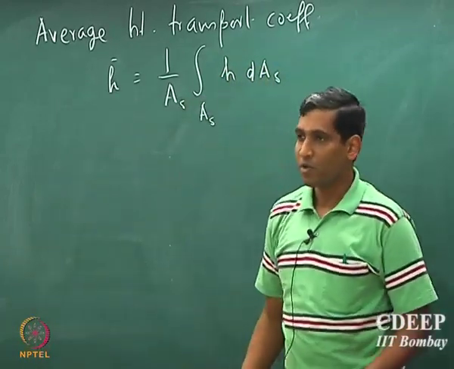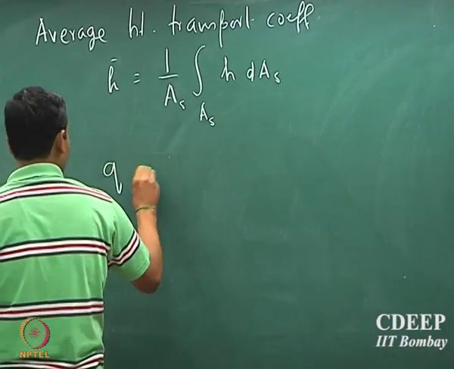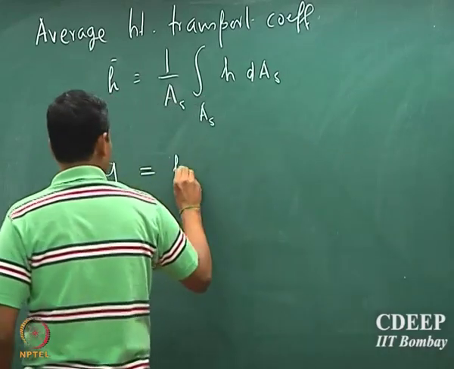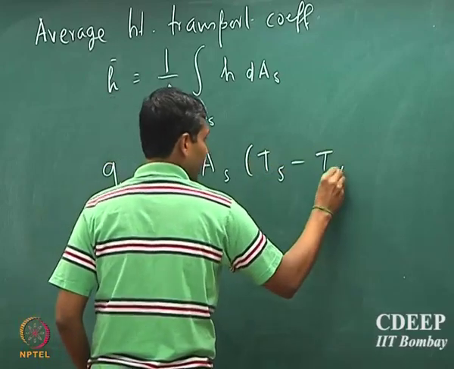That's a definition. So if we introduce this definition, then we can write the overall net heat transfer rate as simply given by h bar into As into Ts minus T infinity.